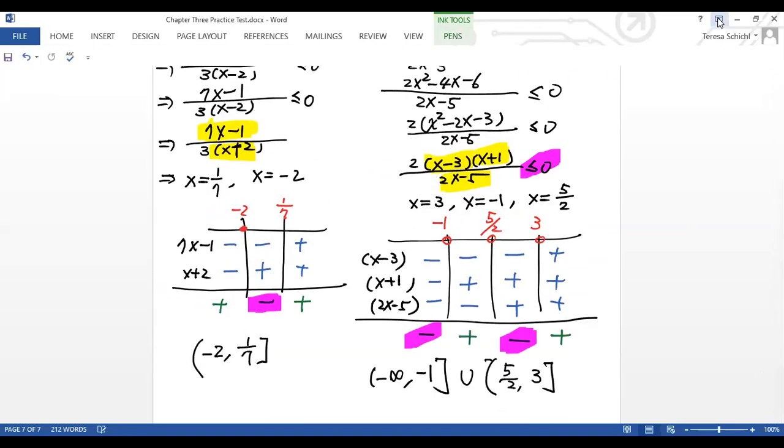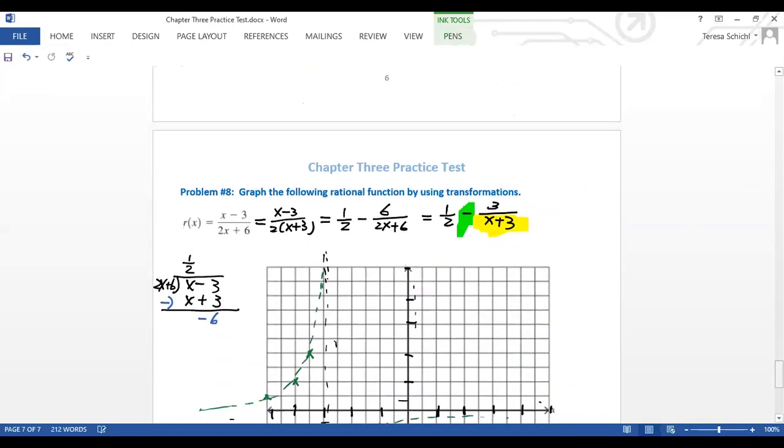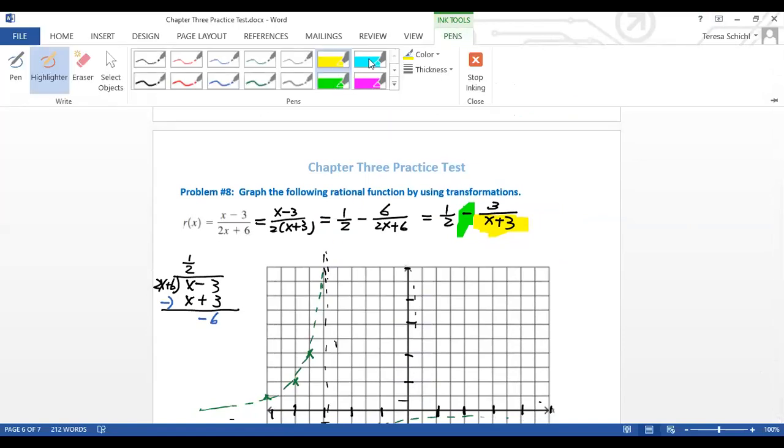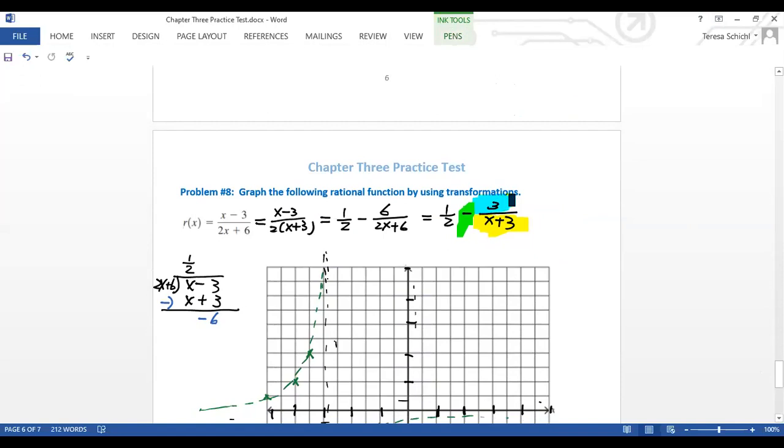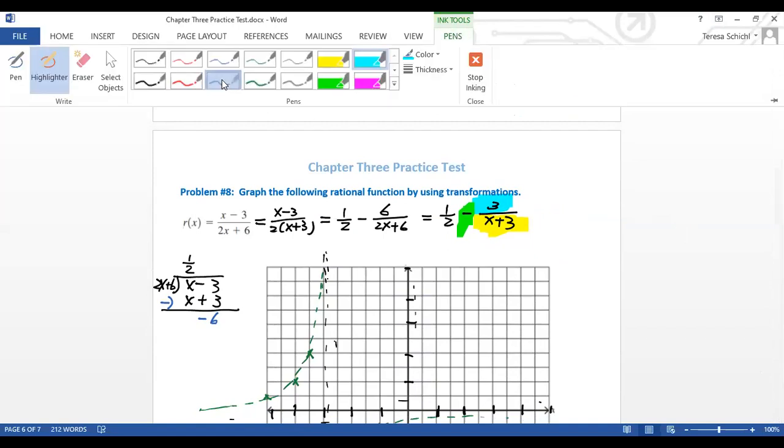Oh boy, it goes too much here, right? The next thing I'm going to do is this 3. So what does that mean? That means times 3, right? So let's go ahead and do that.